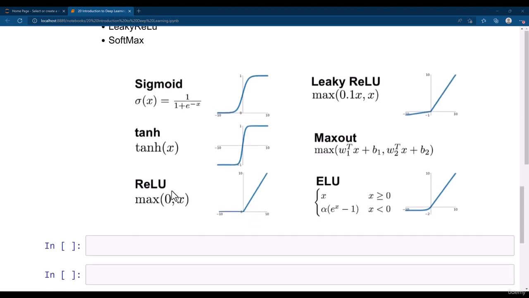There is another activation function which is known as ReLU. This ReLU activation function is the max of 0 and x. Whenever your value is less than 0, then it is always 0. But when it is greater than 0, then the output will be equal to the value.